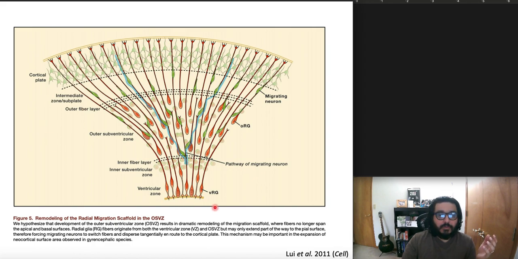This is an example of how the cortex develops. It has a very defined set of structures and organization, where you have all these layers of cells, and the layers form scaffolds so that other cells can use them, grow on them and migrate to specific parts of the growing brain.